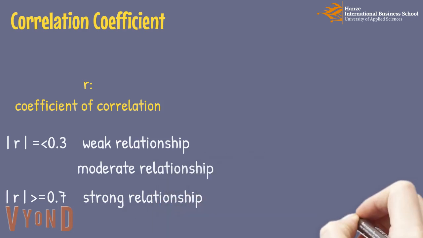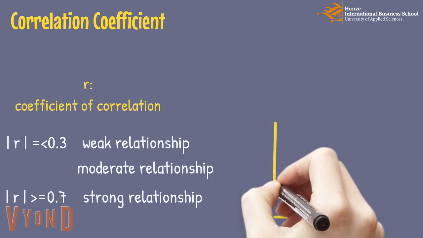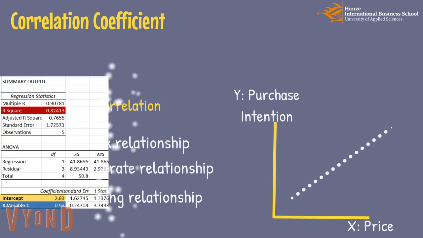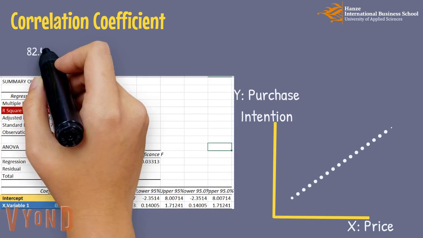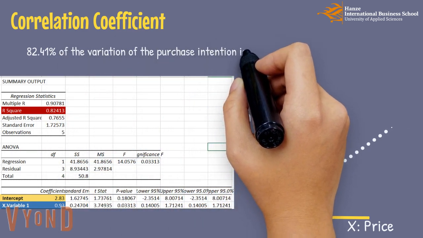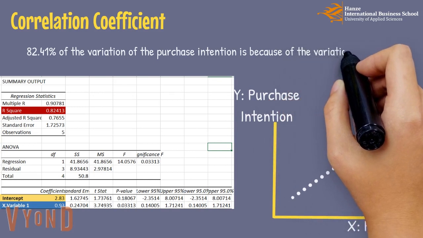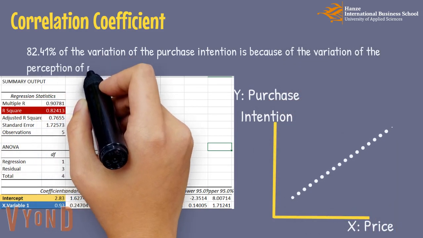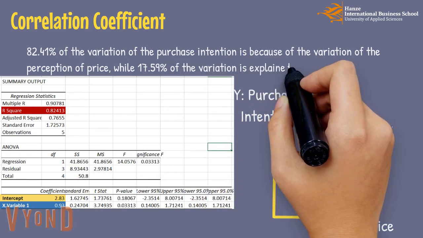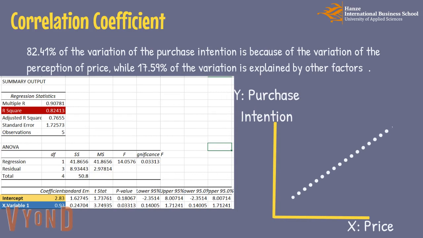Let's look at an example of your EBS project to explore the relationship between the perception of product price and the purchase intention. If we use the current Excel output, we may interpret like this. 82.41% of the variation of the purchase intention is because of the variation of the perception of product price, while 17.59% of the variation is explained by other factors.